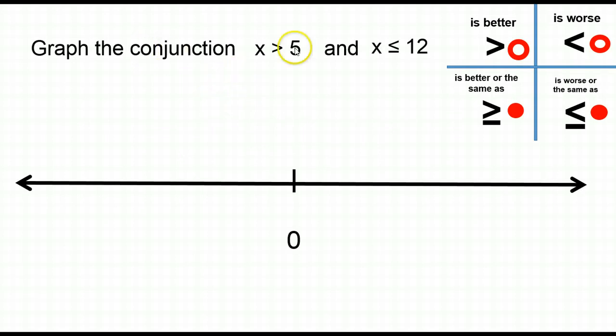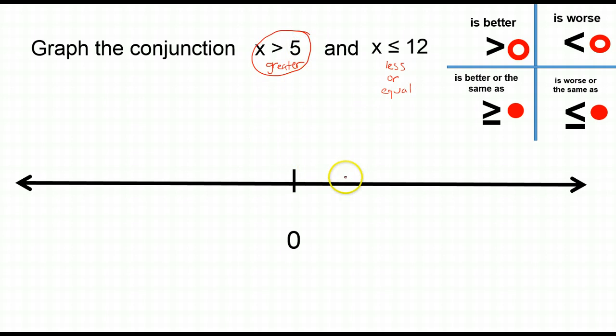So we have two inequalities we have to graph on the same line. X is greater than 5, and X is less than or equal to 12. All right, so let's start with this one first.